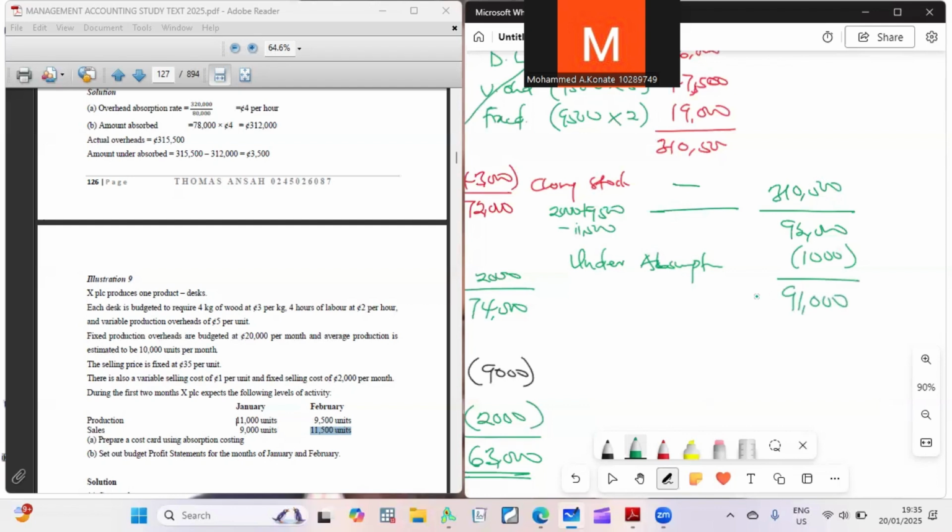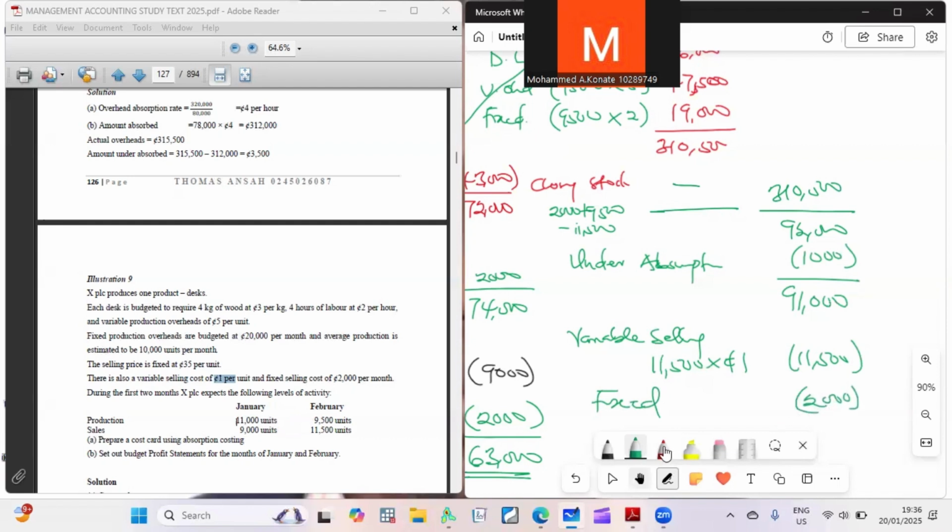All right. And in the same vein, you have to less your variable non-production. So the variable selling: how many did they sell? 11,500. And here you multiply it by 1, because they said it's 1. So here will be minus 11,500. But the fixed is fixed, so the fixed one is still 2,000.